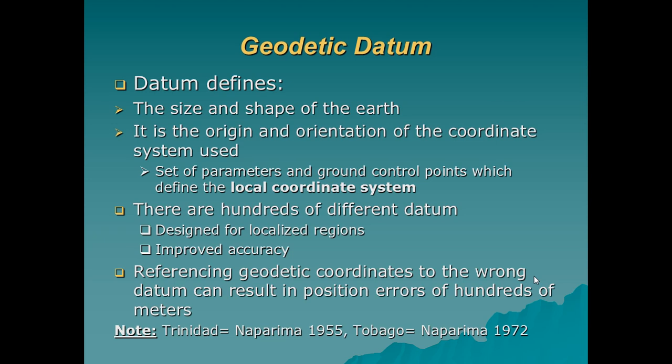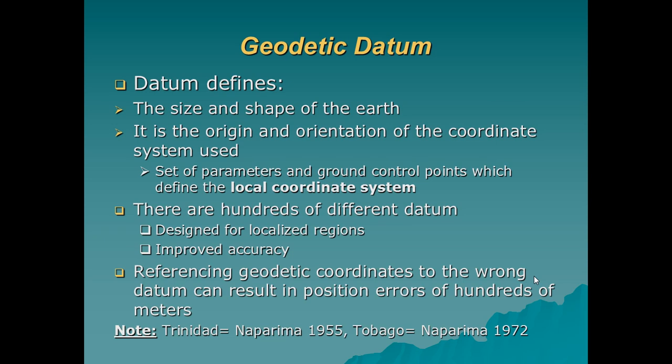Now this is important to know, as we said before, because you have hundreds of datum that can be used, and particularly if you're from a large country or a large region, you will have a larger number of datum. The reason that you will have various datum is because you would want localized datum for your coordinate system, because it tends to improve the level of accuracy as opposed to using a larger scale one.